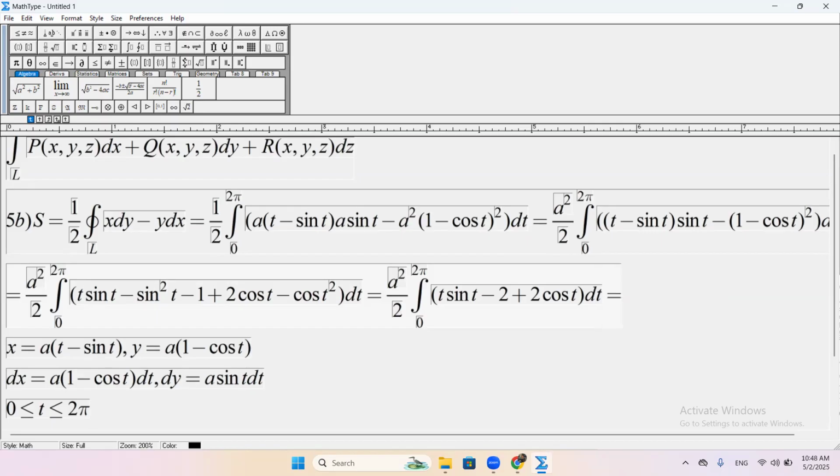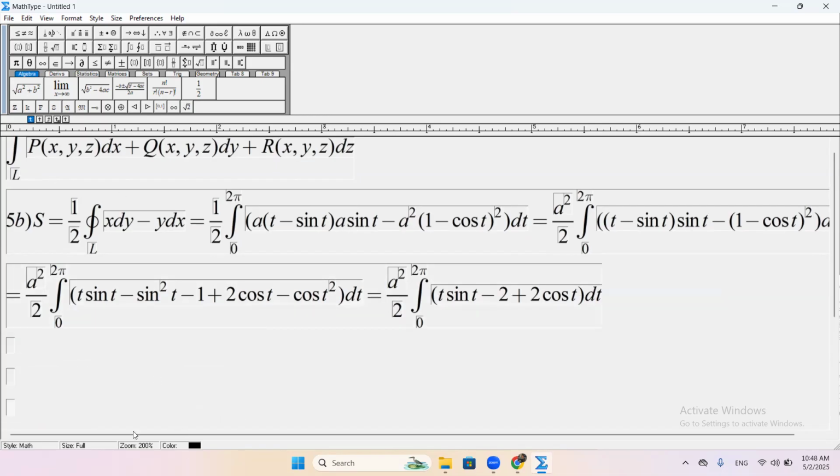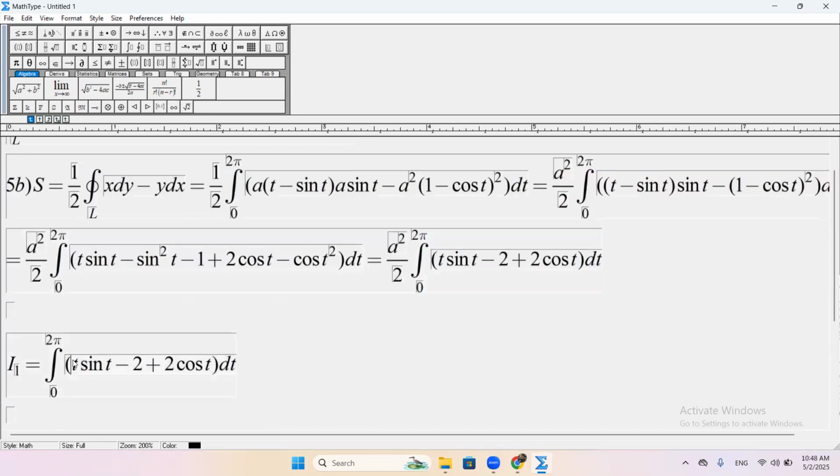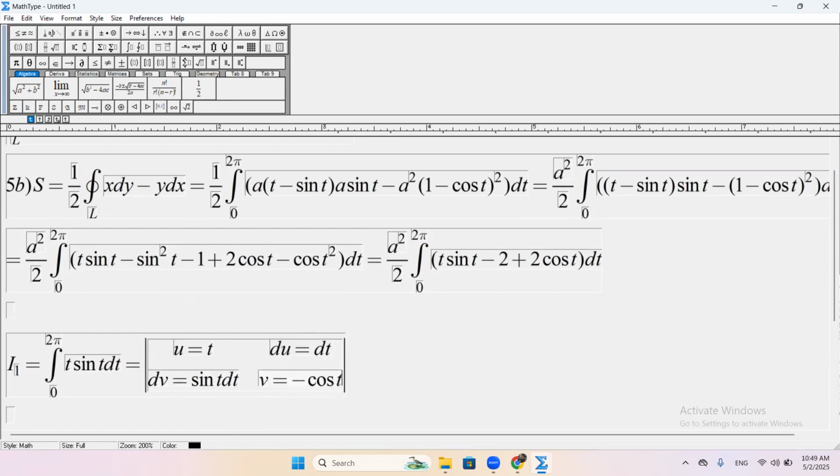Let's calculate separately the following integral. I1: we will calculate t sine of t, integrating by parts. u equals t, then du equals dt, dv equals sine of t dt, and v equals minus cosine of t.